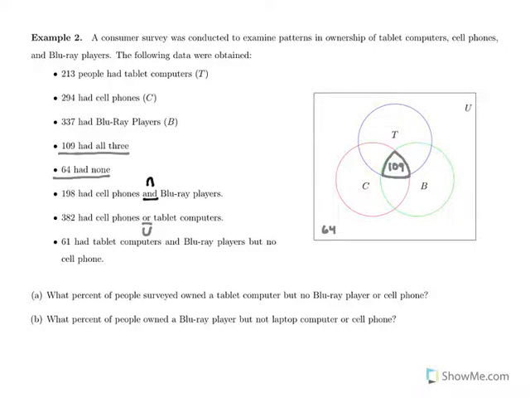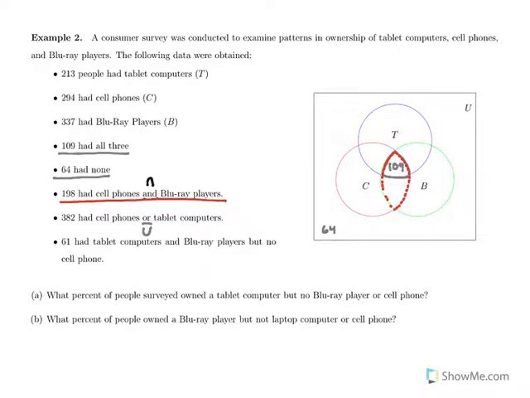So for instance, let's look at this intersection between C and B. We are given that 198 had cell phones and Blu-ray players.